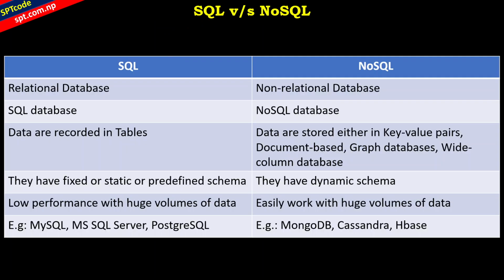Okay, so basically let's talk in short about SQL versus NoSQL, so that we can jump to the next video. SQL is a relational database. We can find different types of relational databases. NoSQL means data that we cannot manage in proper tables, in tabular form.